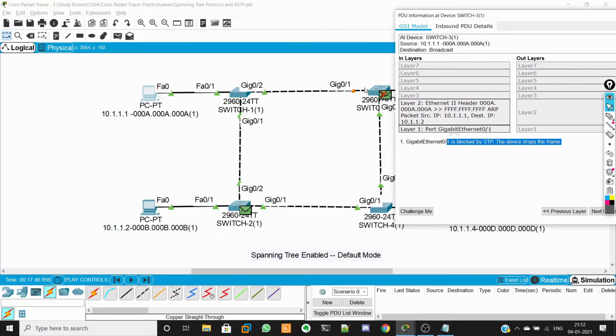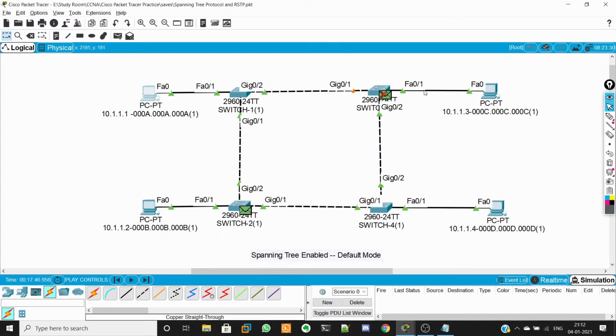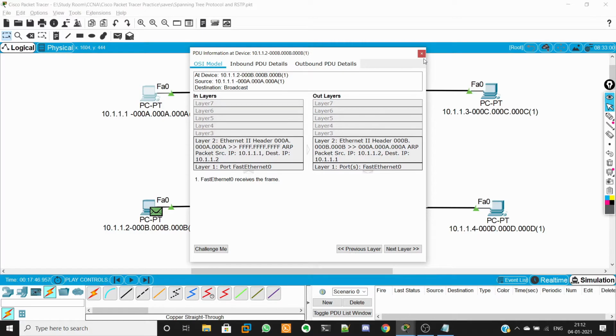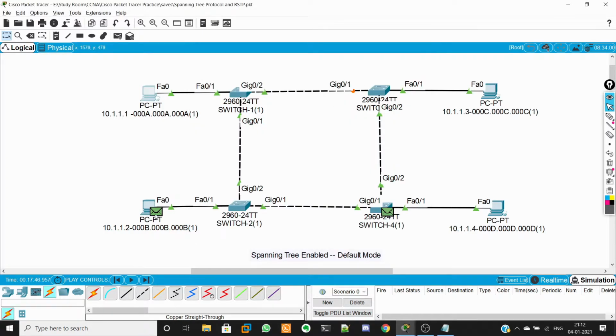Gigabit Ethernet 1 is blocked by STP. The device drops the frame. It won't consider the frames entering through this interface. The query has reached the appropriate host.